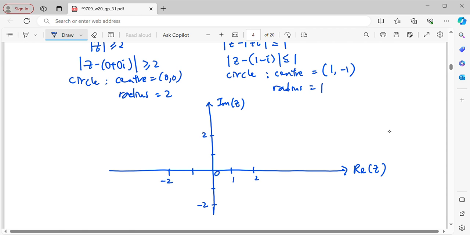This is 0. Center 0, 0 means it will be here. This is the center. Since the radius is 2 units, the upper part is 2 units, to the right is 2, bottom is 2, and to the left is minus 2. Now we just need to join all these points to get a circle.